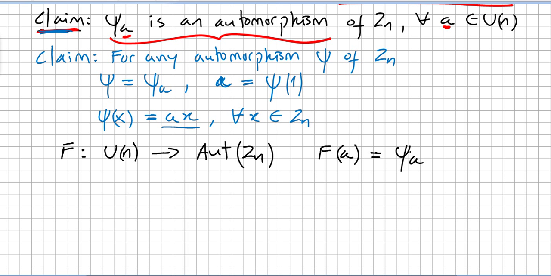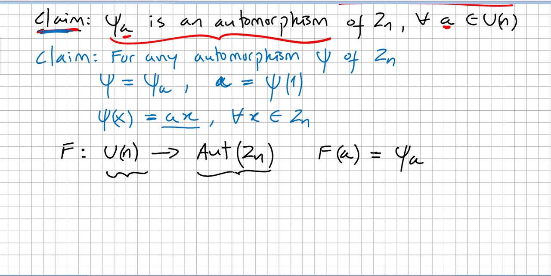You know psi of a by now. So f maps the group of units onto the automorphism of Zn.